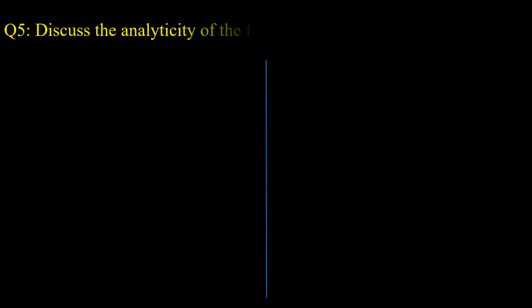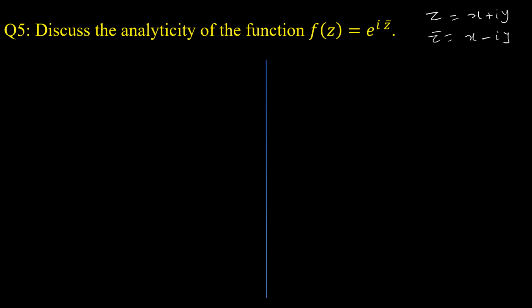Now we will take the last question of this section, that is discuss the analyticity of the function fz is equals to e to the power i z bar. So as we can see here, z is equals to x plus iy, that we know. So z bar will be x minus iy.